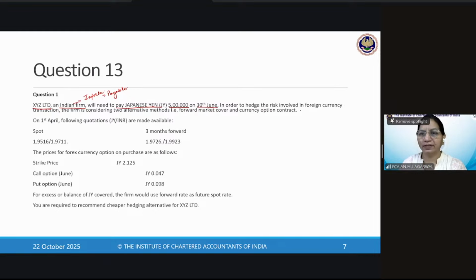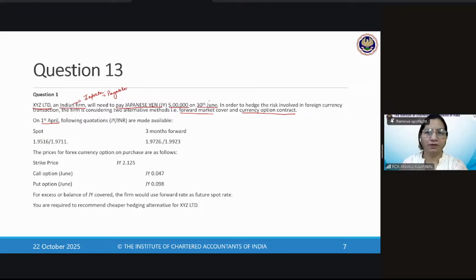And in order to hedge the risk involved in the foreign currency transaction, there are two alternative methods given here. One is the forward market and the other is currency option contract. So here we'll talk about options also. What is the date today? It's 1st April. These are the options available.